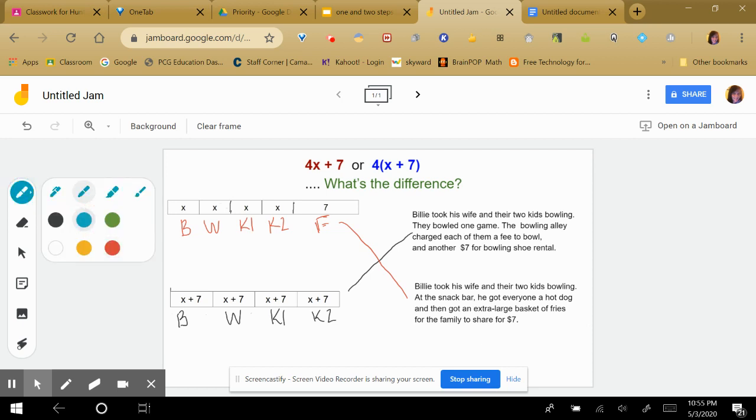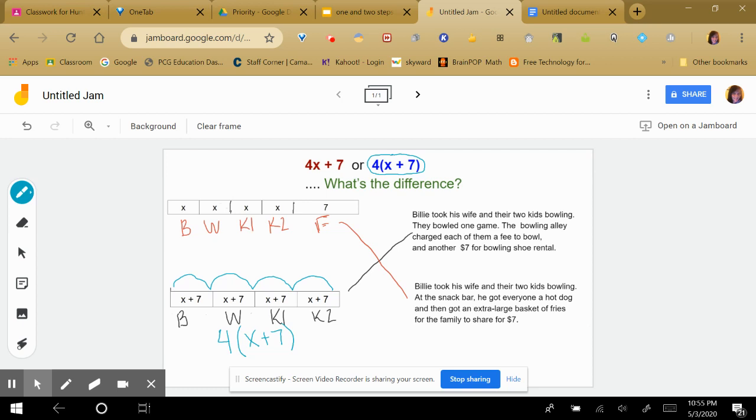Well, let's look at what's really happening. This one here says 4 times x plus 7. In other words, we're going to do x plus 7 4 times. So down here, if we look, there's x plus 7 once, twice, 3 times, and 4 times. So the expression here is 4 times the quantity of x plus 7.